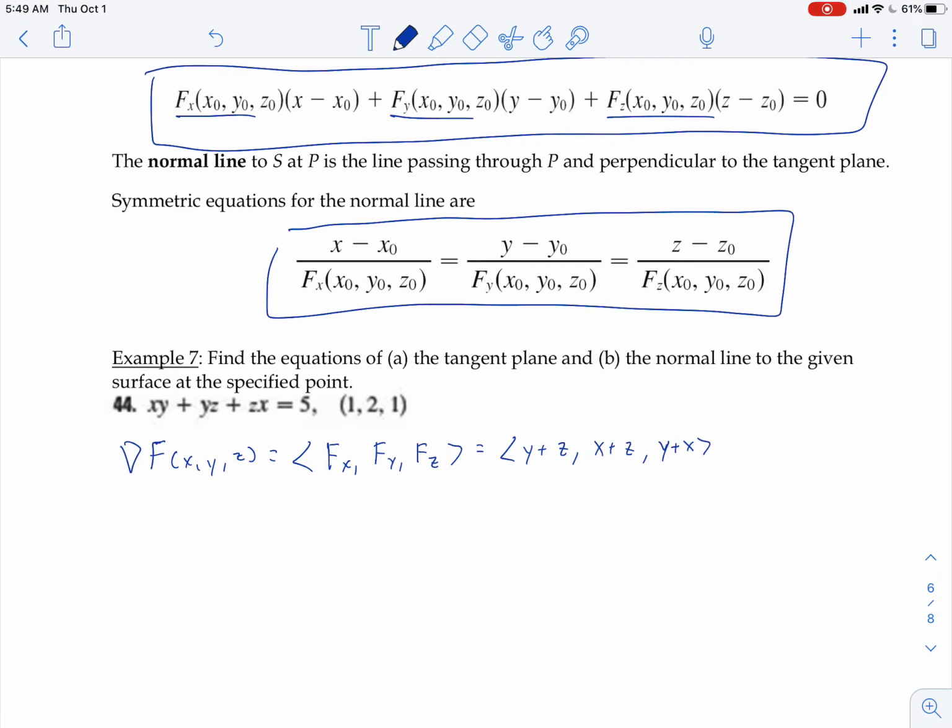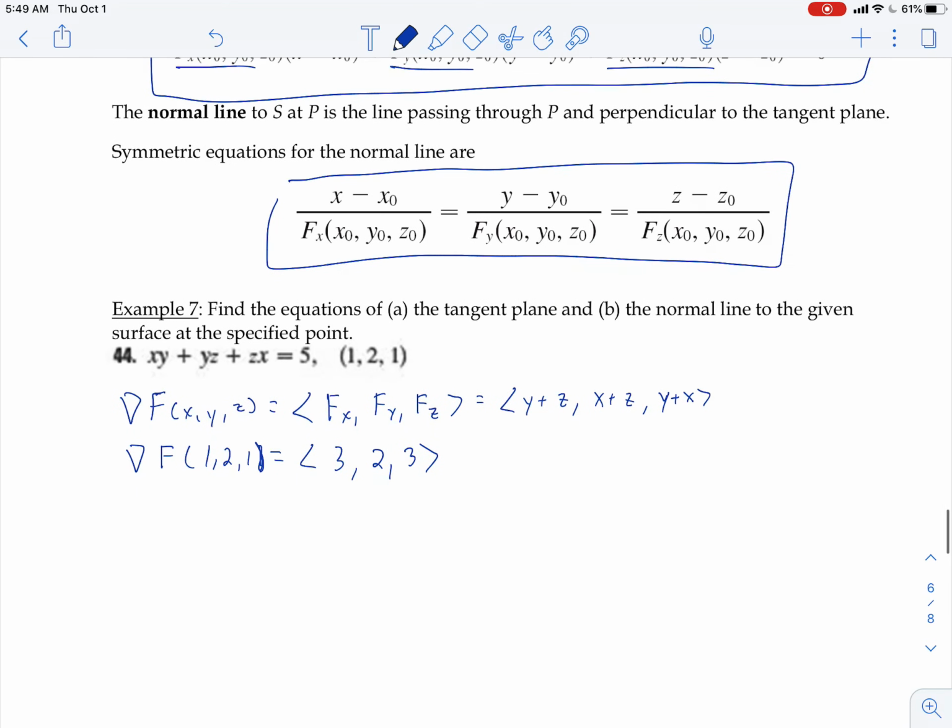So there's my gradient, and now I also want to evaluate my gradient at my initial point, which is 1, 2, 1. So my gradient at 1, 2, 1: y plus z is going to be 3, x plus z is going to be 2, and y plus x is going to be 3.